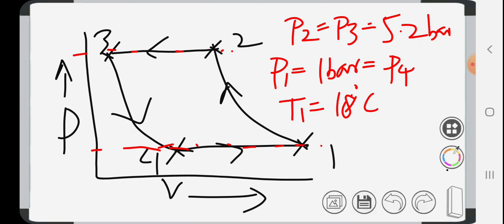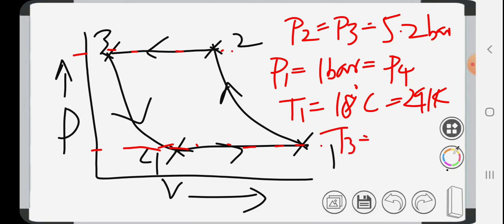Now 18 degrees Celsius will be equal to 273 plus 18, 291 Kelvin. But T1 will not be equal to T4, right? Only P1 and P4 will be equal, but T1 won't be equal to T4. Okay, so just don't confuse it. Another point given is T3, the temperature at the entry of the expander.